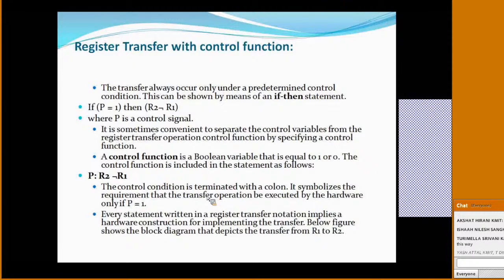Then only you will perform whatever follows after then, otherwise you will not. So the control unit is responsible for deciding when to perform the register transfer from one register to the other.